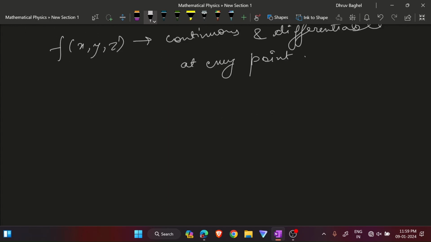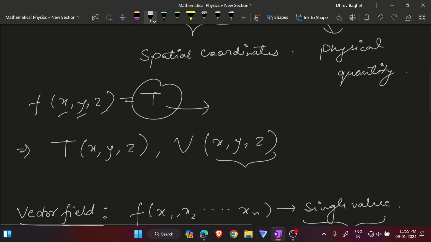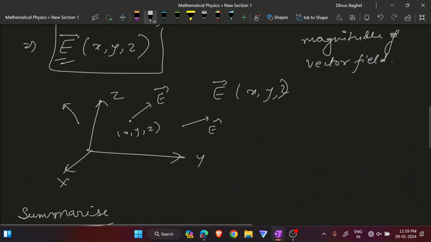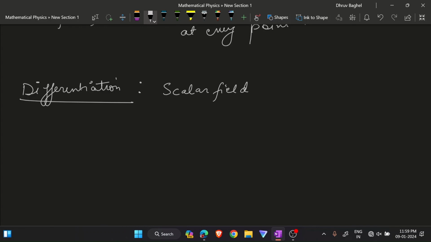Okay, so our third topic was differentiation of scalar and vector fields. We already know about differentiation. We have already worked on a scalar field of a single variable, I mean a function of one variable only.